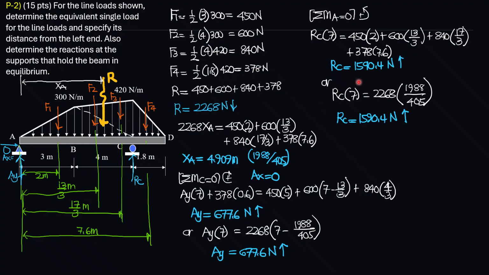So solving for R sub C is 5090.4 newtons. You can check the answer as AY plus R sub C should be equal to R, which is 2268.